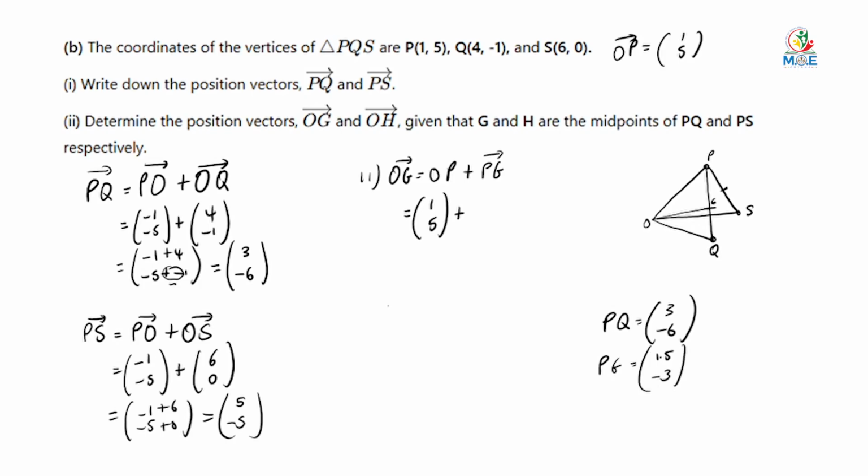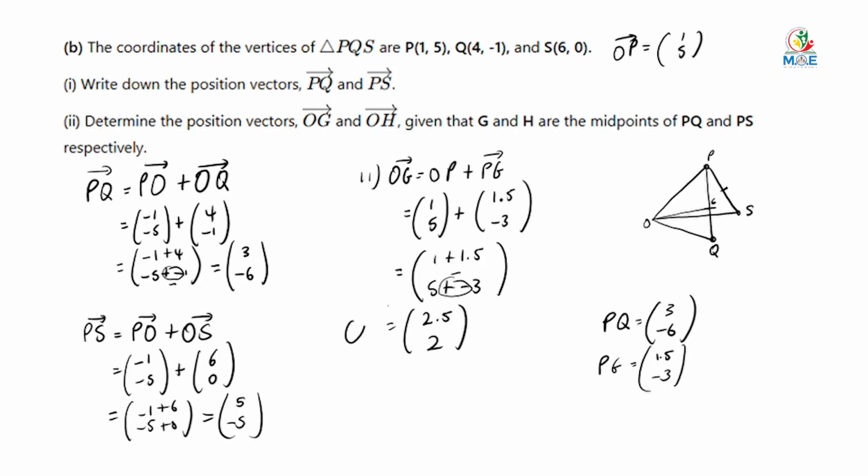So this would be plus (1.5, -3). Then we add this together: 1 plus 1.5, and 5 plus -3. 1 plus 1.5 would be 2.5. 5 plus negative 3 will turn into a minus, so 5 minus 3 would be 2. So this would be the vector OG, (2.5, 2).